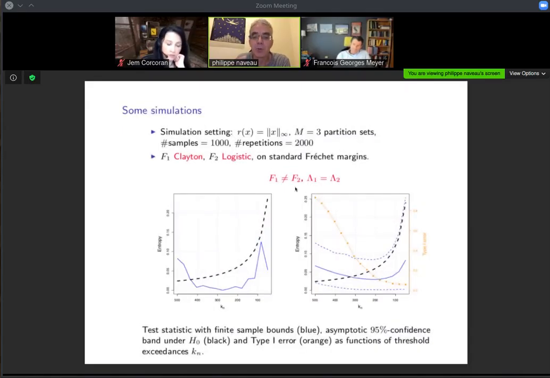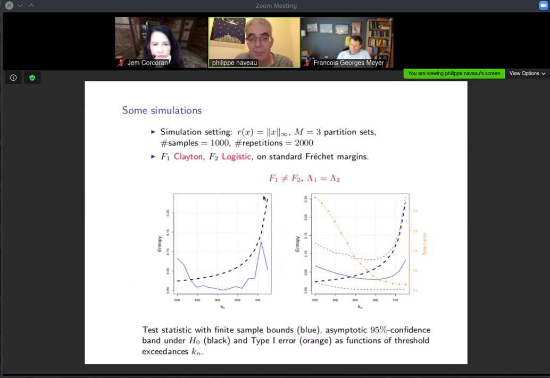Now, if I look at a different example, I compare the Clayton copula with the logistic copula. They are two different multivariate distributions, but they have a nice feature in the sense that they are different for the bulk of the distribution, but they are the same for extremes. In this simulated example, when the number of exceedances is small, we look at moderate extremes, and it looks like we are above the chi-square test.